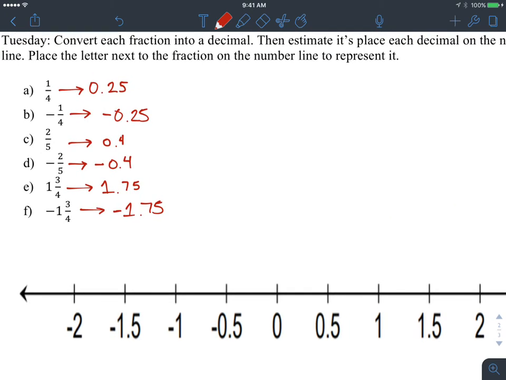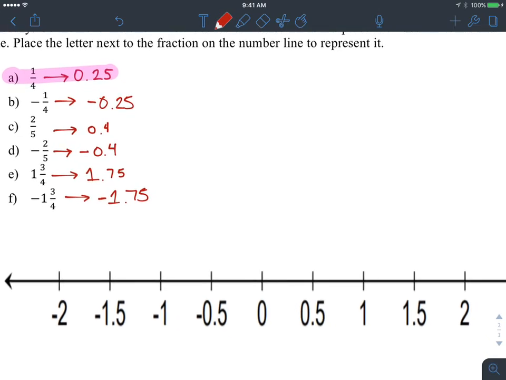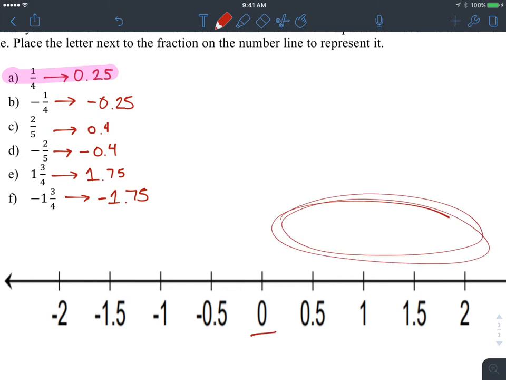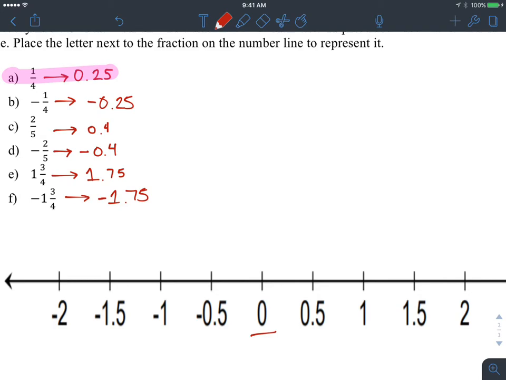So let's see. 0 and 25/100ths is represented by A. So we're going to put A somewhere on this number line. Here's 0, and then 25/100ths is positive, so I know it's going to be somewhere in this region. The next number that I see here is 0 and 5/10ths, which is the same thing as 0 and 50/100ths.